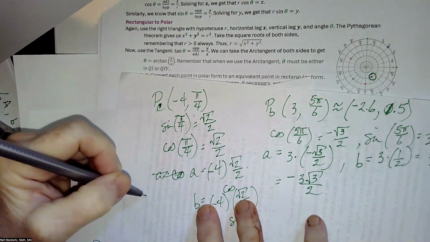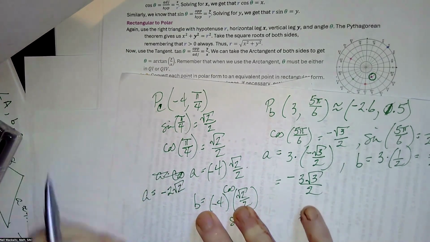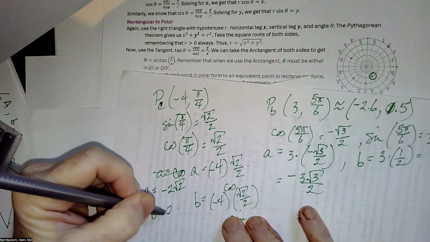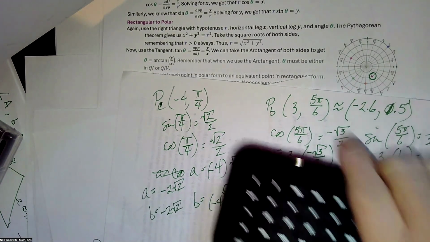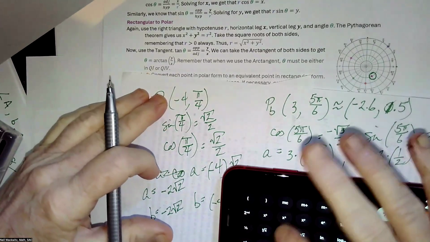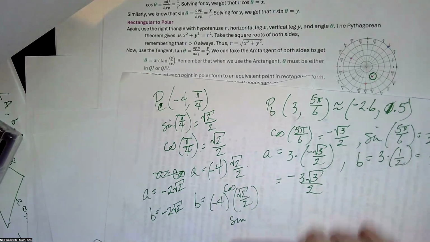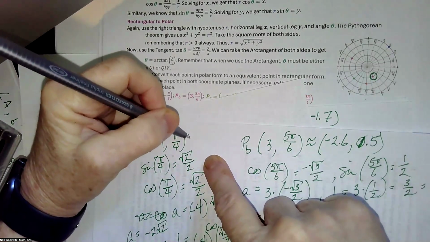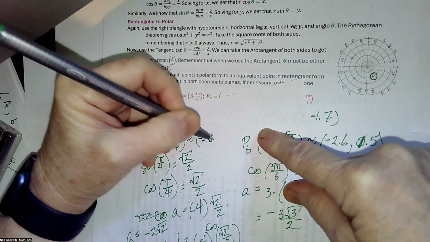We get that little a is -2 square root of 2, and little b is the same, -2 square root of 2. And let's see what that is close to. 2 times square root of 2 is about 2.8. So point C is approximately (-2.8, -2.8).